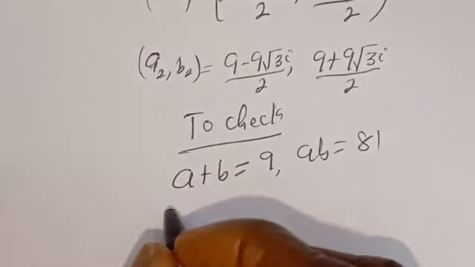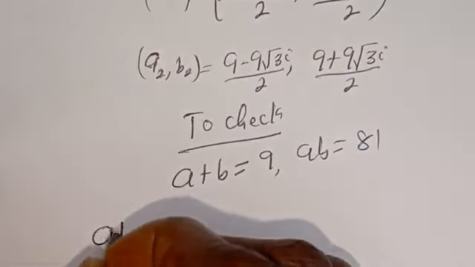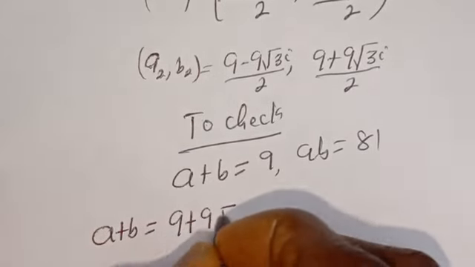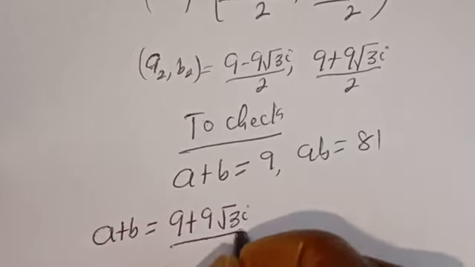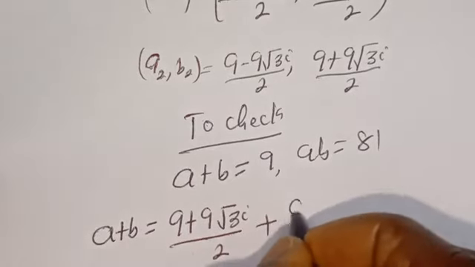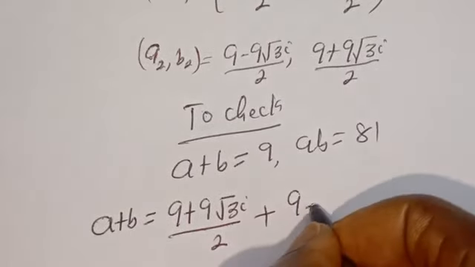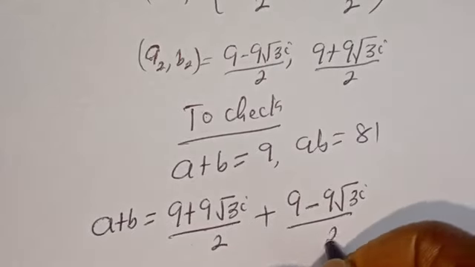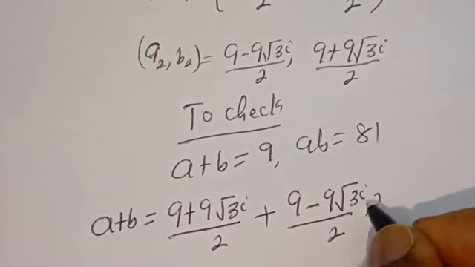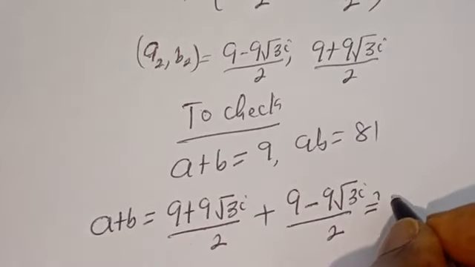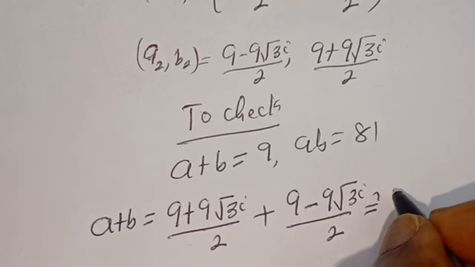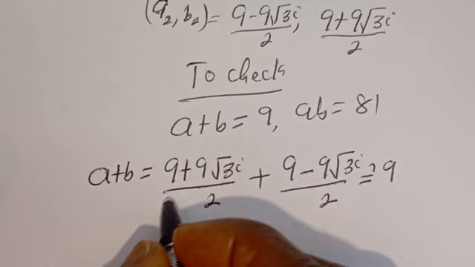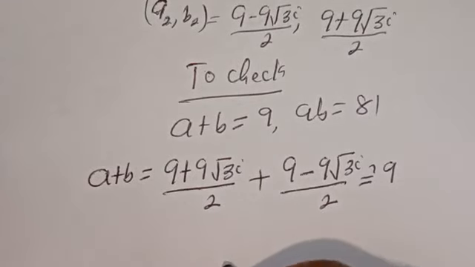Now let's see. Here, a plus b is equal to 9 plus 9 root 3 i divided by 2 plus 9 minus 9 root 3 i divided by 2 must be equal to 9. Then here, the LCM is 2.